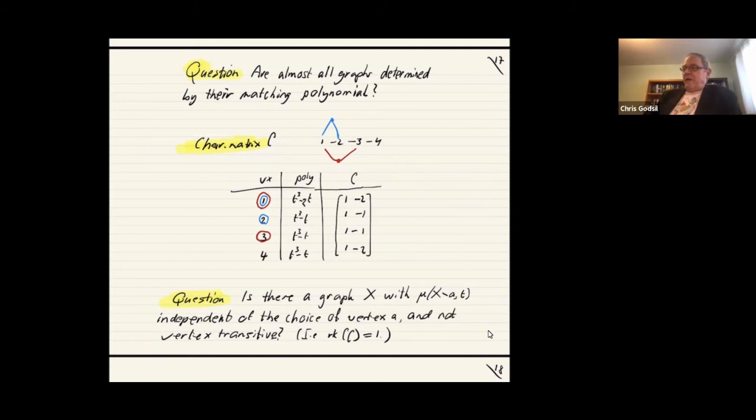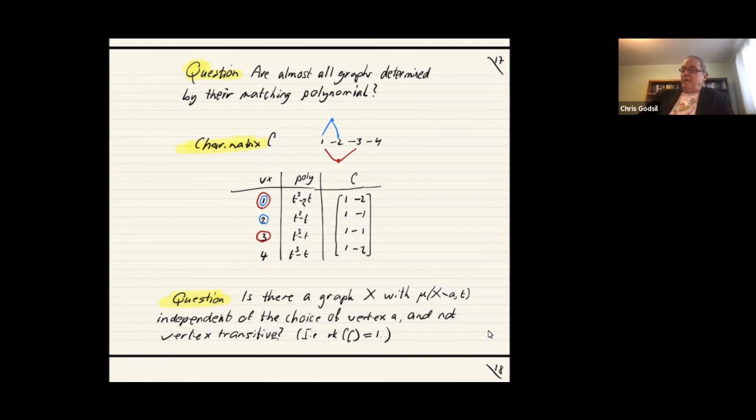Now, there's a rather nice way of setting this up. I'm going to write down the matching polynomial for each of the vertex-deleted subgraphs, in this case of the path on 4 vertices. If you delete the first vertex from a path on 4 vertices, you've got a path on 3 vertices, with matching polynomial t cubed minus 2t. If you delete the second vertex, you get an isolated vertex, matching polynomial t, and an edge, matching polynomial t squared minus 1.